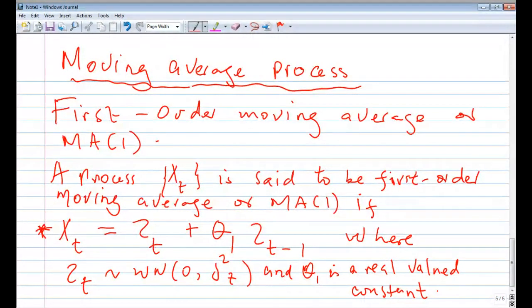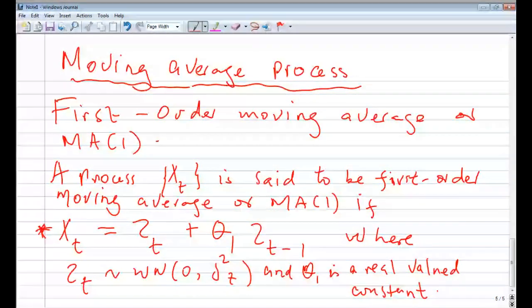What we have to know about moving average processes is that they are always stationary. However, they are not always invertible. To check whether the moving average is invertible or not, there are conditions that you have to follow.